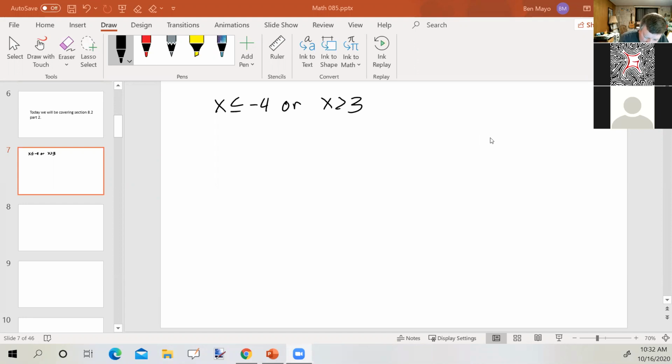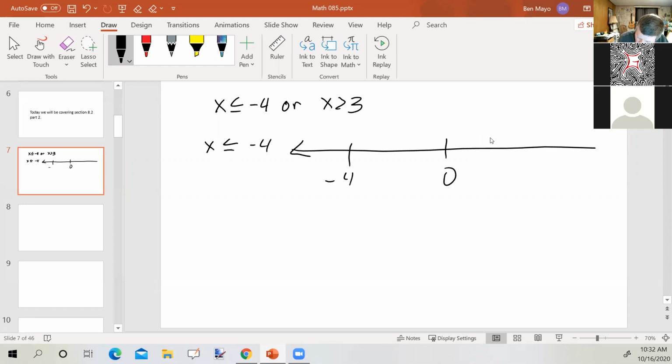Let's take a look at the graph of x less than or equal to -4. So let's see here, we've got -4. And if x is less than or equal to -4, we would have a bracket facing to the left with an arrow going to the left. So there's the graph of x less than or equal to -4.